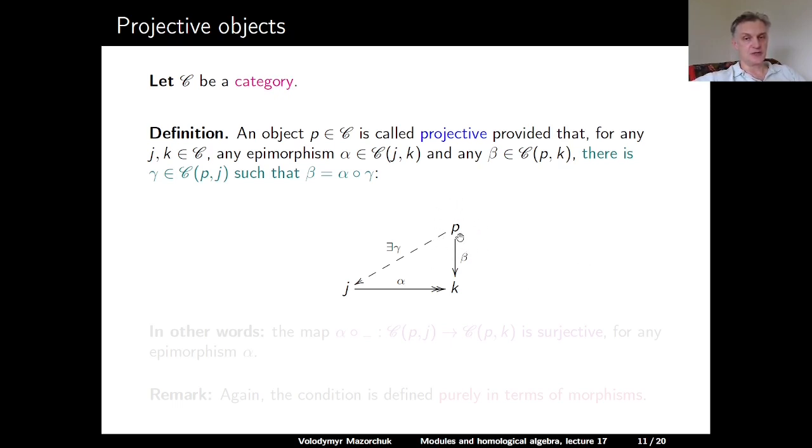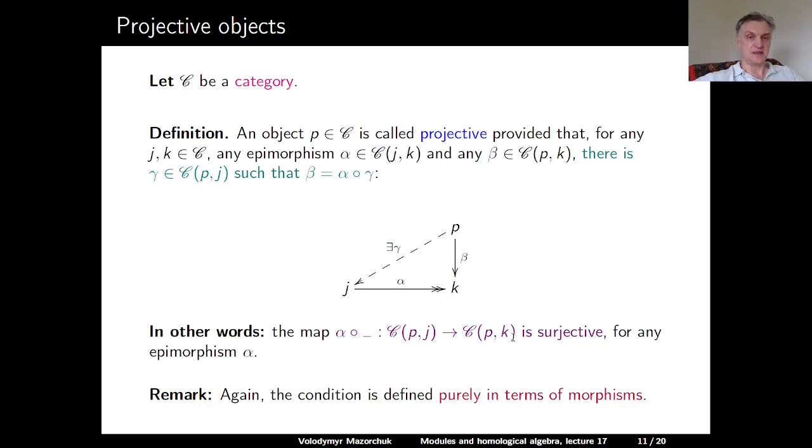This is our object P. Any epimorphism alpha from any J to any K, and a morphism beta from P to K. There should exist gamma from P to J such that this diagram commutes. In other words, the map of composing with alpha on the left, and this is a map from C(P,J) to C(P,K), the map between these sets should be surjective for any epimorphism alpha.